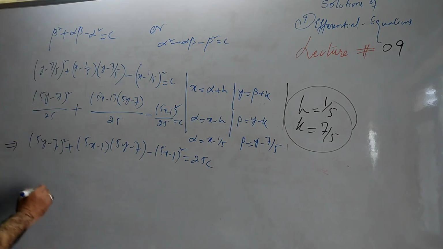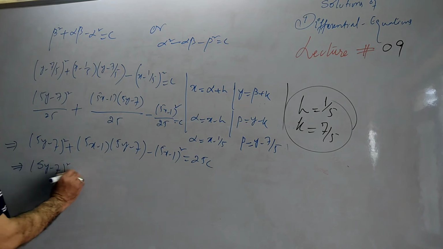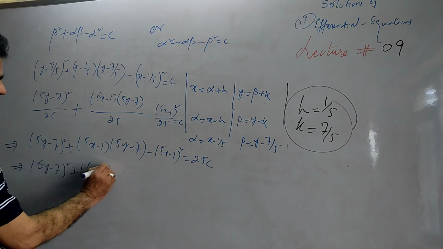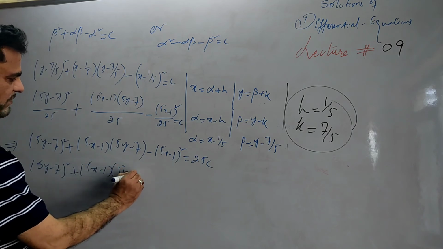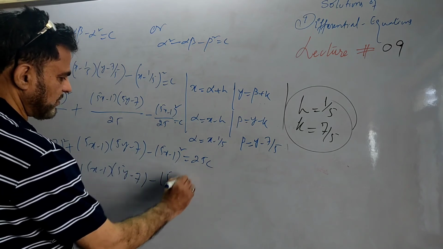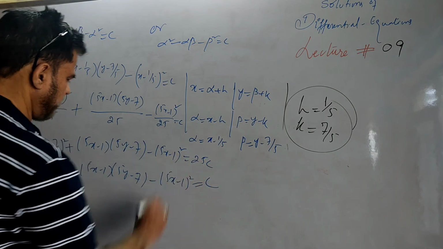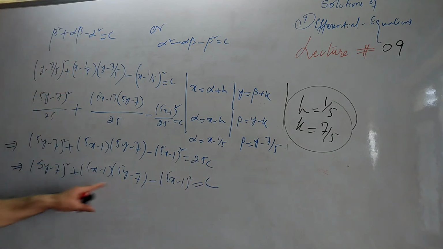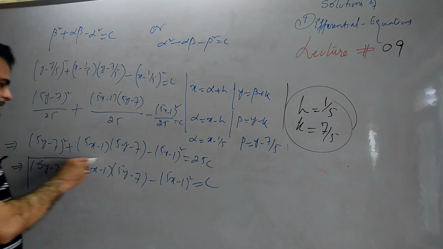So the complete solution of this differential equation is (5y minus 7) square minus (5x minus 1) square is equal to c. Now here it can be plus, it can be minus, it is one and the same thing. This is the solution of this differential equation in complete form.